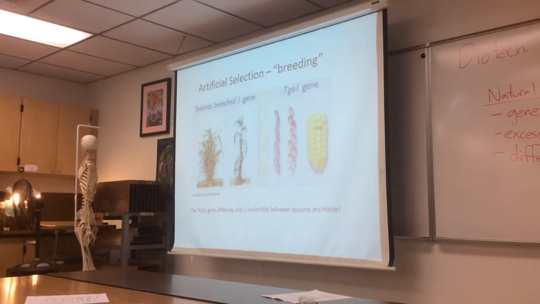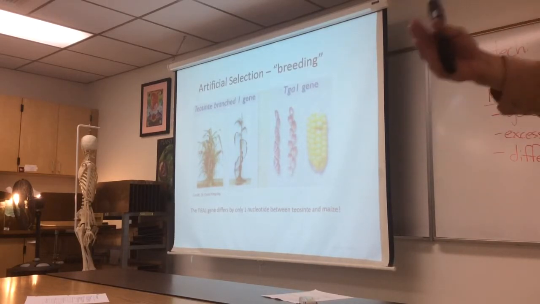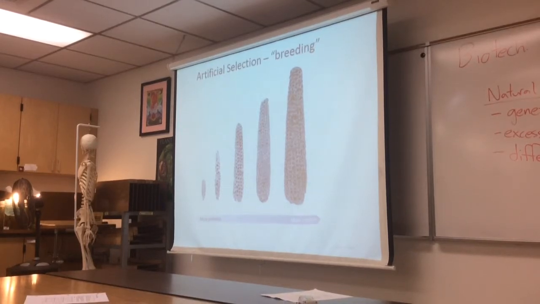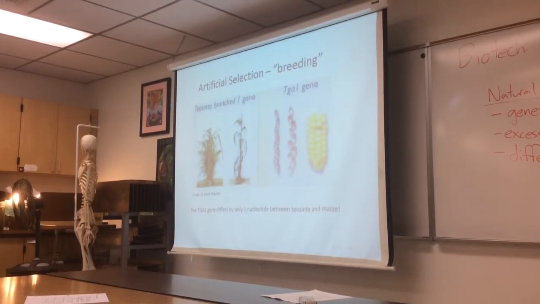And in addition to some of those things, there are also more variable traits that you can select for generation after generation. A good example of that is cob size. When you just have that one mutation in the TGA gene, you can see the ear is pretty small, right?